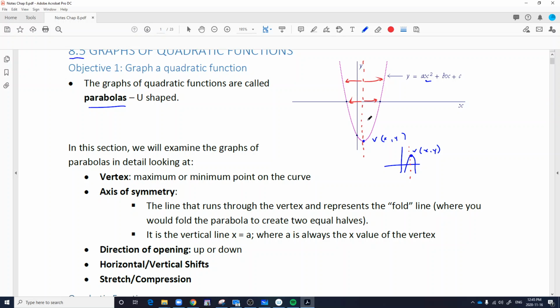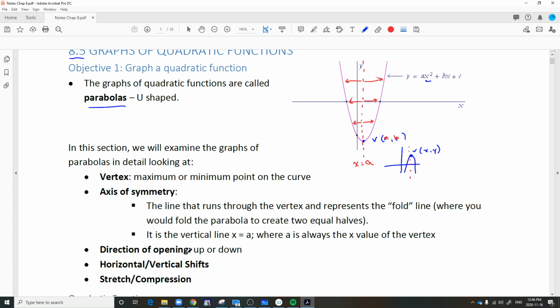So every single point is symmetric across this line. In other words, I could fold this parabola over on itself and you'd get an exact match over this line. The axis of symmetry is always the line that runs through the vertex. So its equation is always the x value of the vertex. So if we said the vertex was (a, b), then the equation of the axis of symmetry would be x equals a.